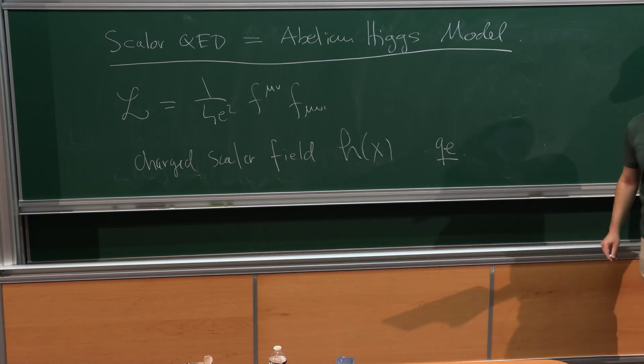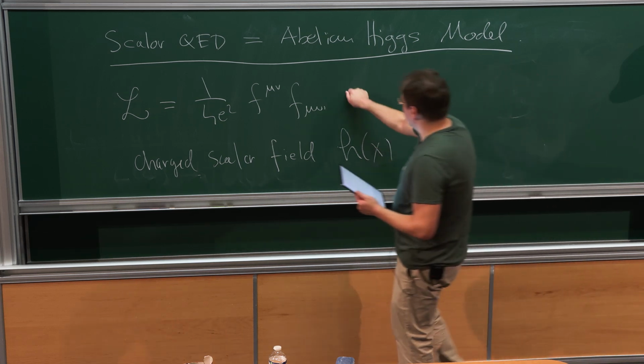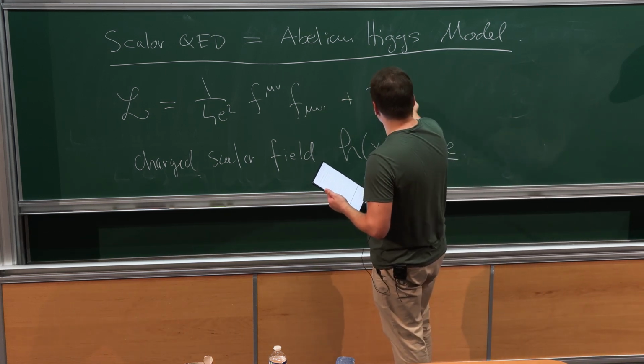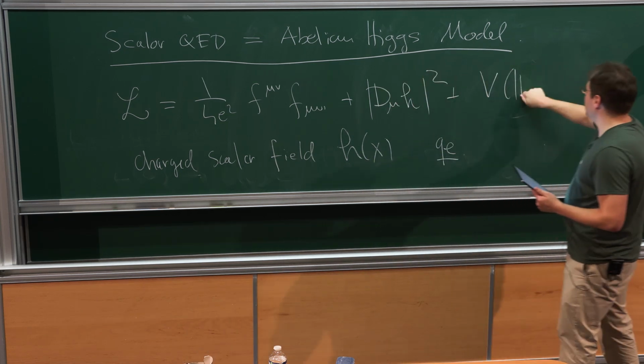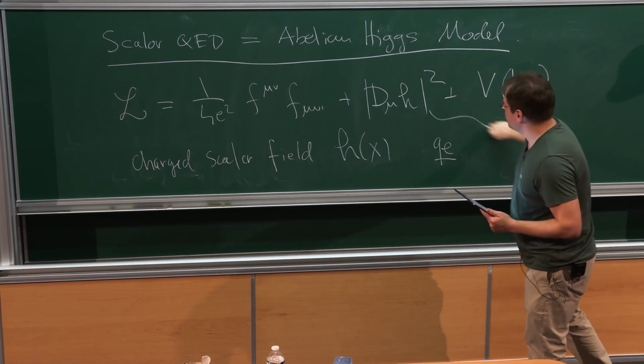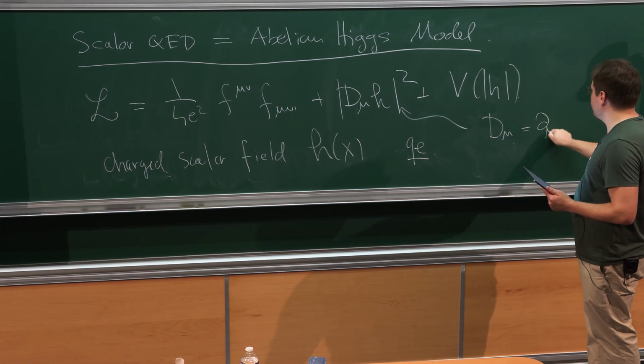I'm not adding any magnetic charge. So I'm going to add kinetic terms for H, and then a gauge invariant potential. And here is where the seagull terms come in, right? The covariant derivative involves this.